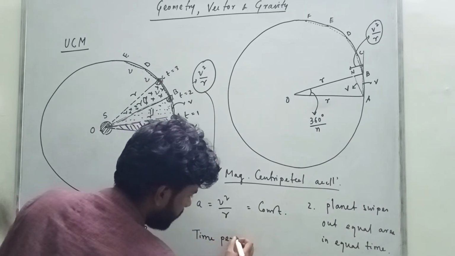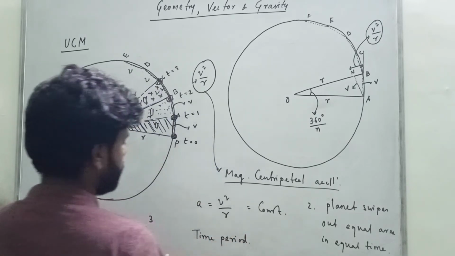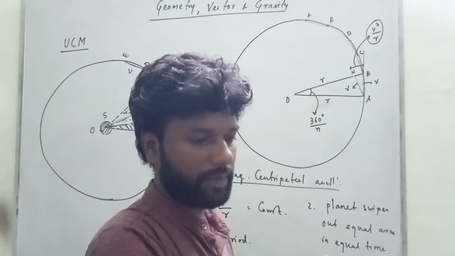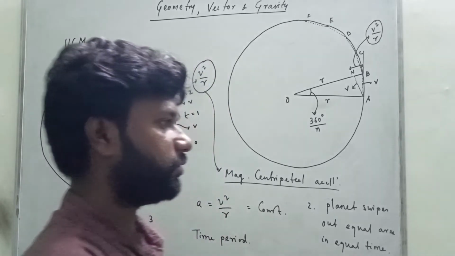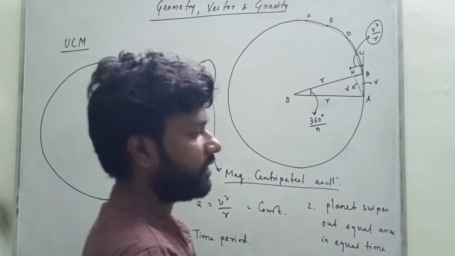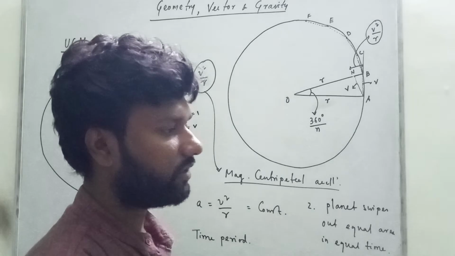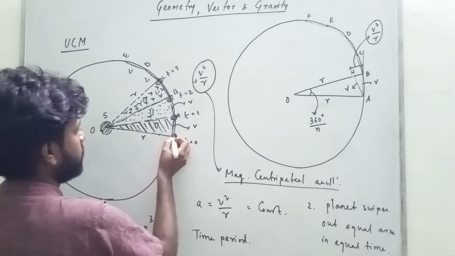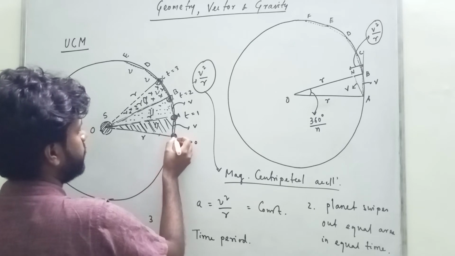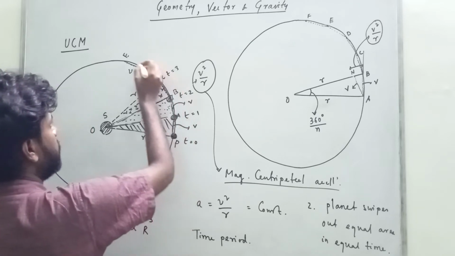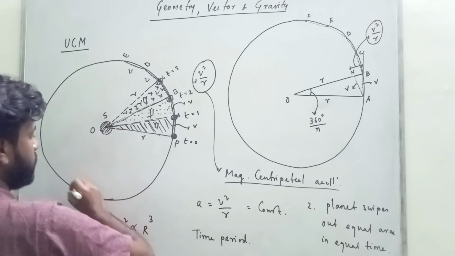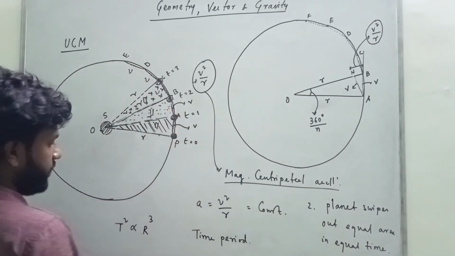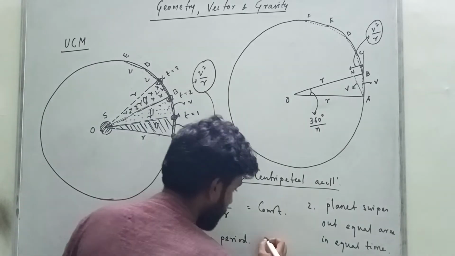When an object travels down some path and comes back to the initial position, the time taken by this object is called a time period, right? So it is T.